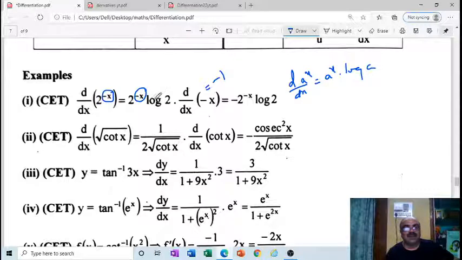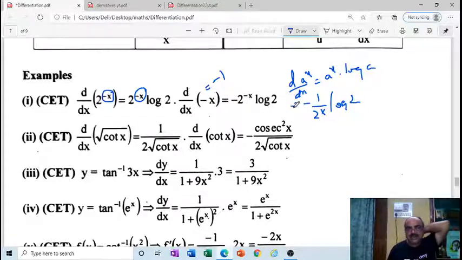So if you multiply the whole sum with minus 1, the answer would be minus 2 power minus x log 2, or you can say minus 1 by 2 power x into log 2. In any manner you can say, based on the choices there, you can answer this. Hope this concept is clear to you.